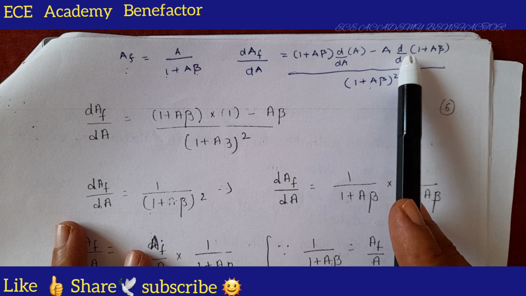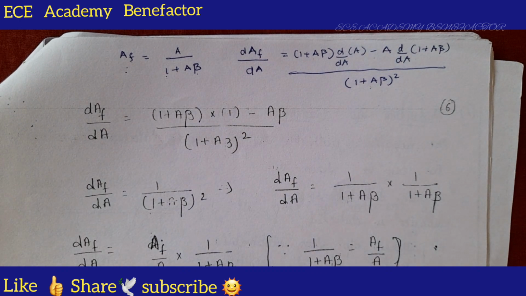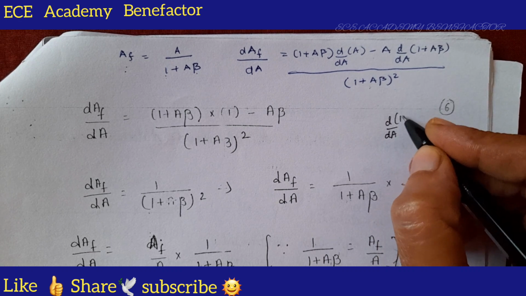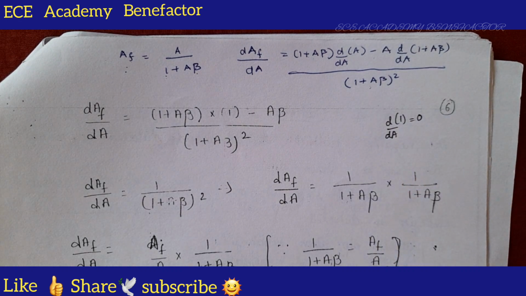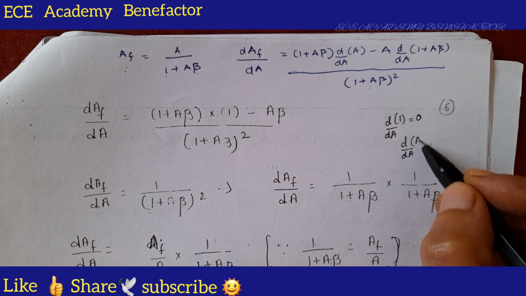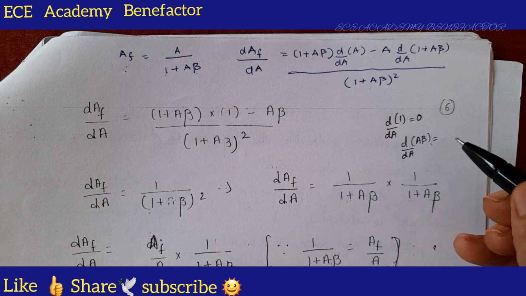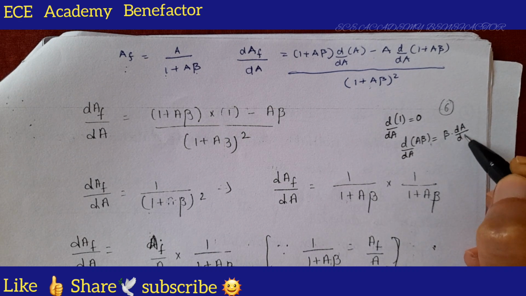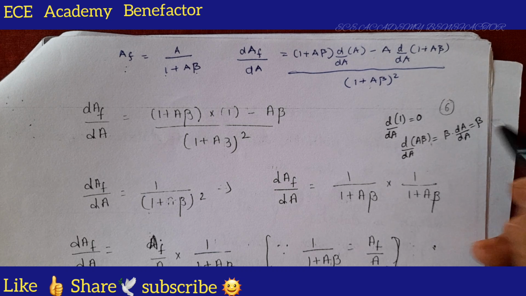So the first term is d by dA of 1, what will it be? It will be 0. And what is d by dA of A beta? It is equal to beta times dA by dA, which is equal to beta.